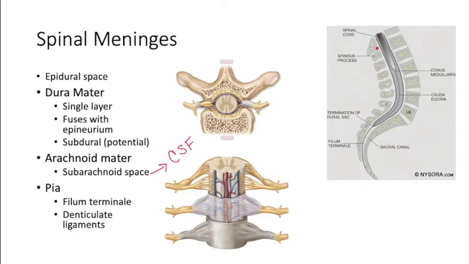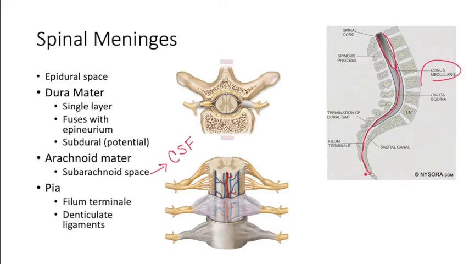But at the very, very tip, the conus medullaris here, there is a thin strand of pia that comes off of the spinal cord and then eventually anchors. So if you can imagine, there's a thin layer of pia that surrounds the entire spinal cord, and then the cord ends, but this little strand of areolar tissue goes all the way down to the very end of the vertebral column.